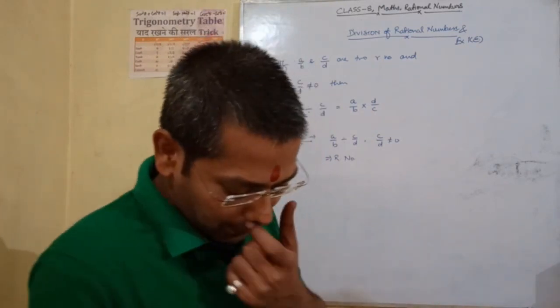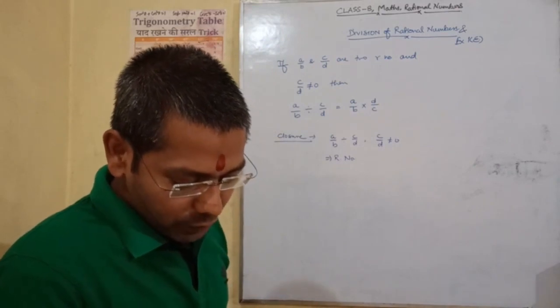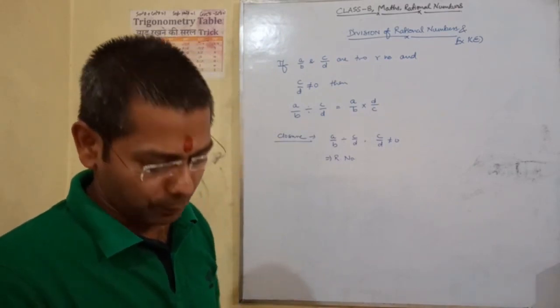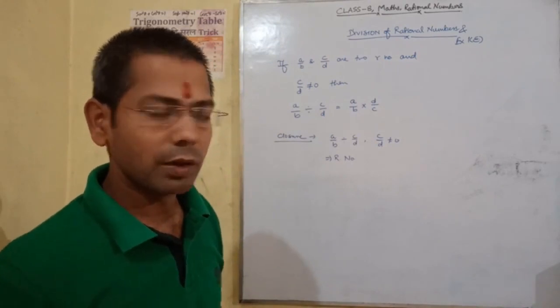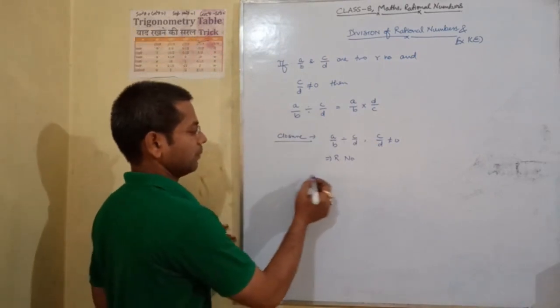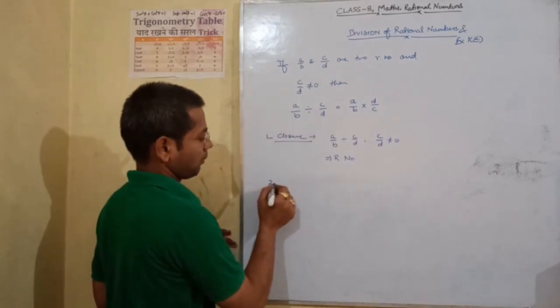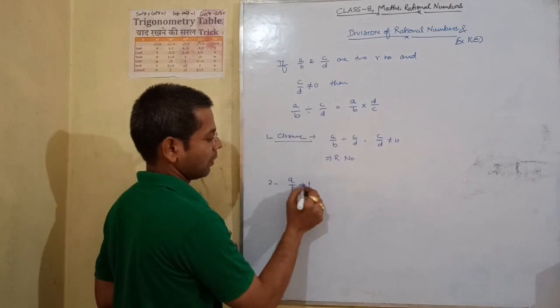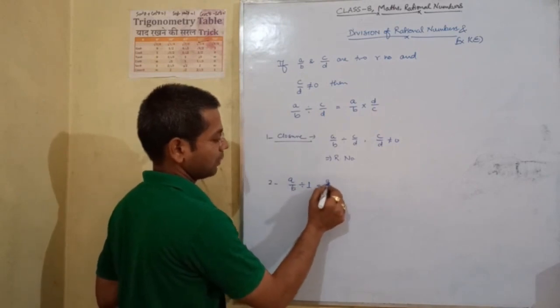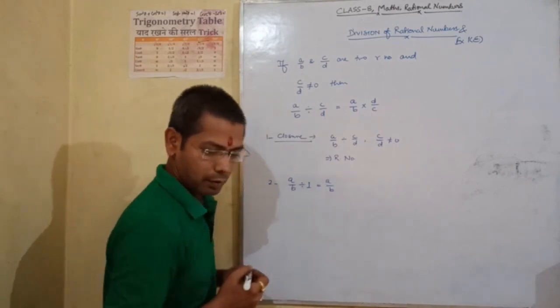The next property tells us that for every rational number a upon b, a upon b divided by 1 remains the same, a upon b.